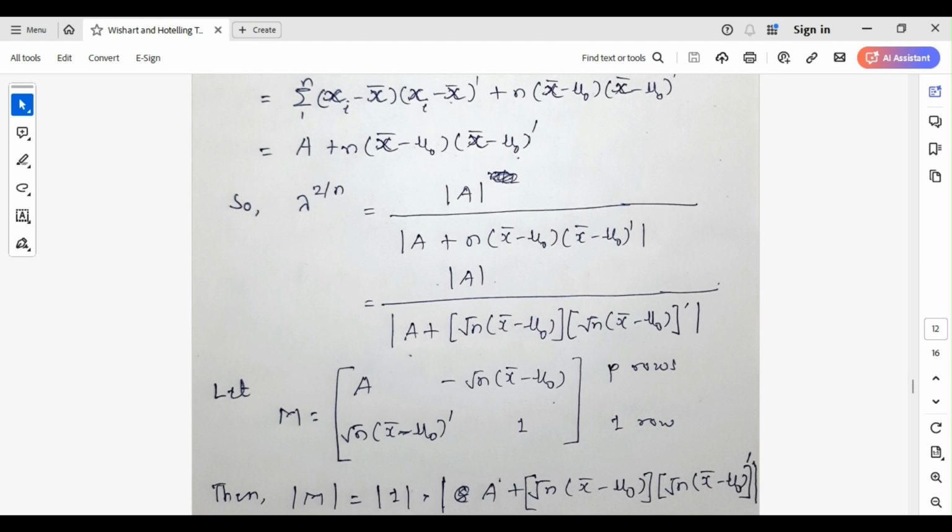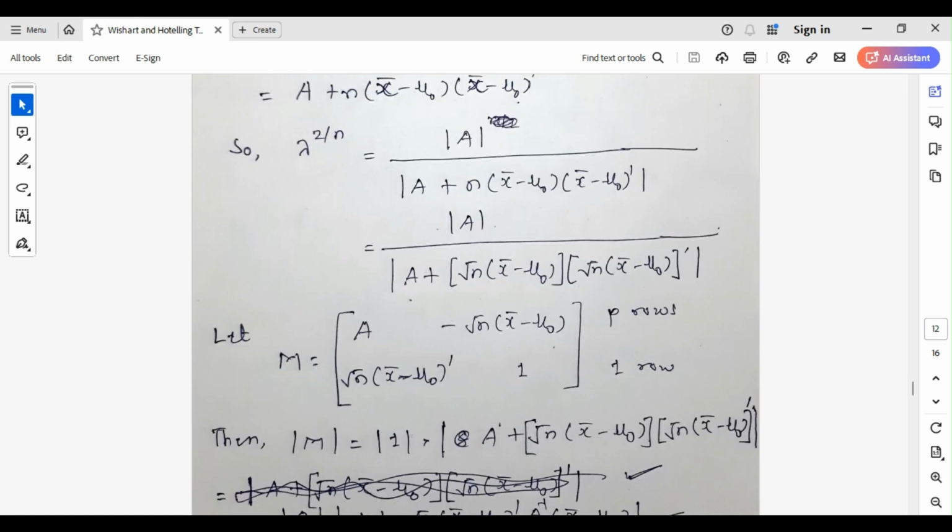Now to understand this further, let us consider a matrix composed of these A and these terms. So matrix M is created by considering this matrix A, of P by P size. Then the last column in the matrix is minus root n x bar minus mu naught.